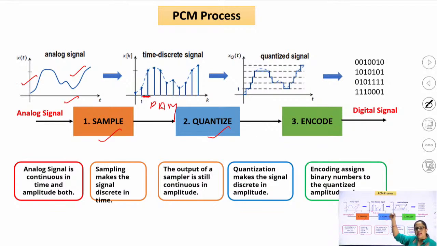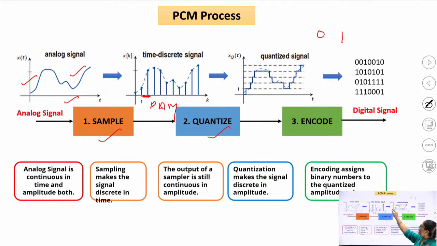How will we discretize our continuous signal in the magnitude axis? By discretizing the complete amplitude into some fixed number of levels. Okay. Then we will assign binary to each level. It will use only 2 digits, 0 and 1.